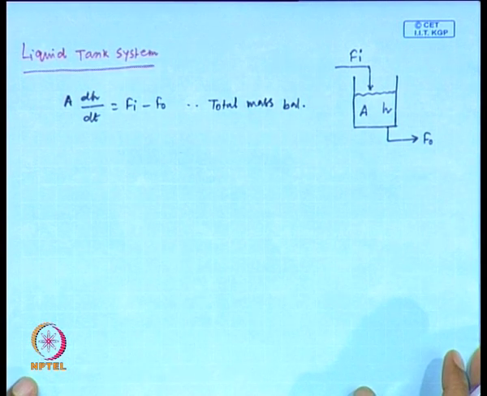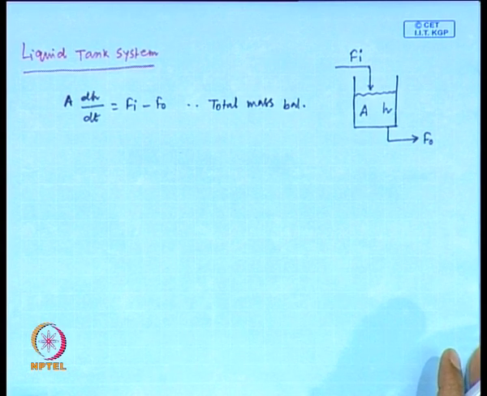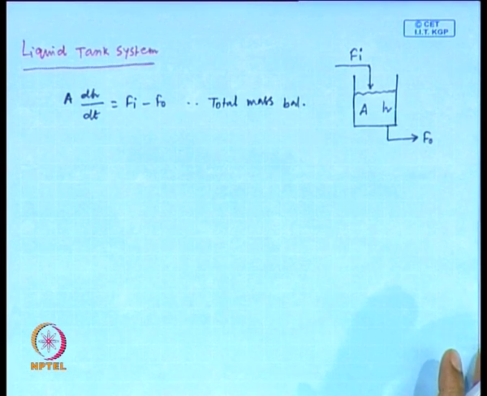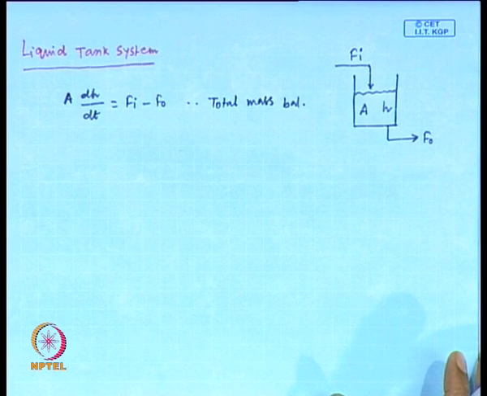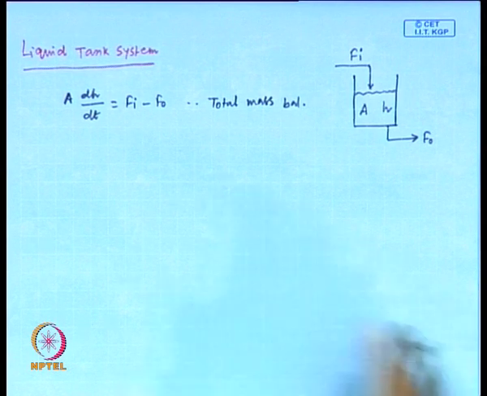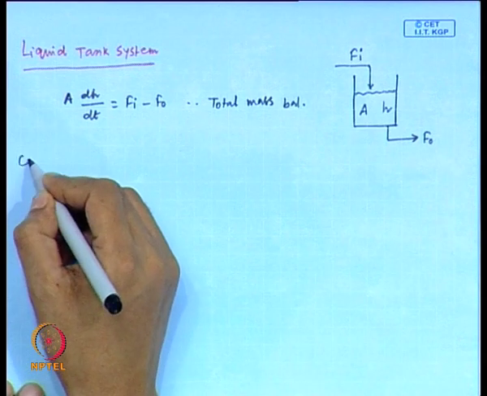Now, this outlet flow rate is basically a function of liquid height. The outlet flow rate F naught depends on the liquid height in the tank. We will consider two cases.